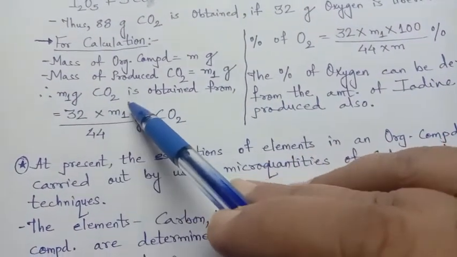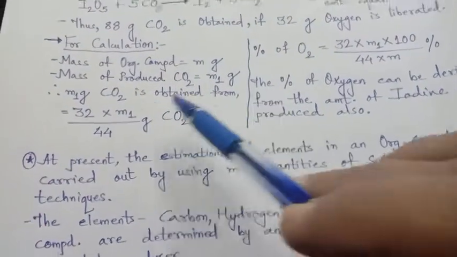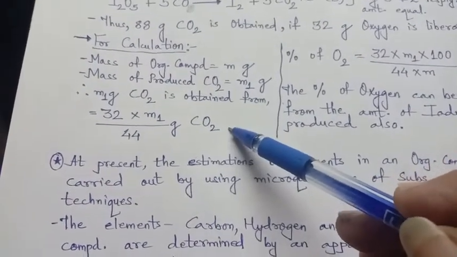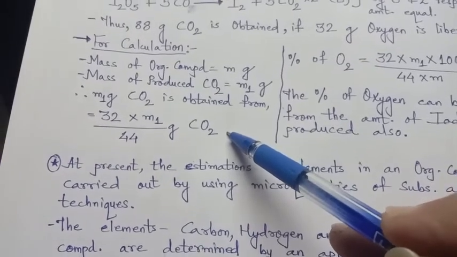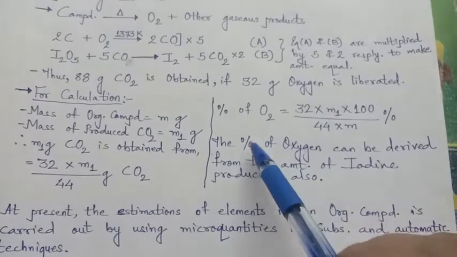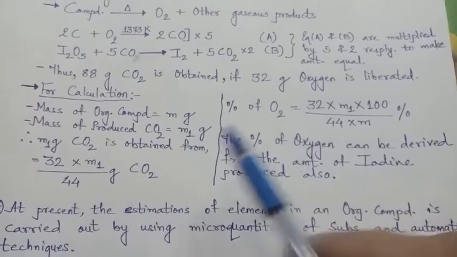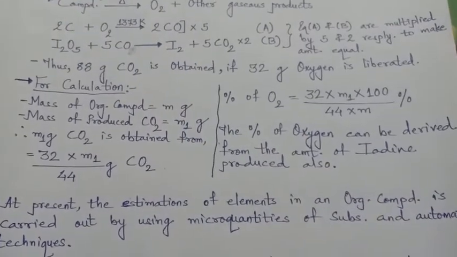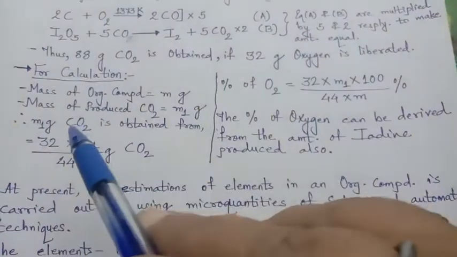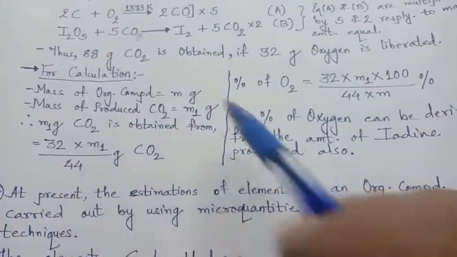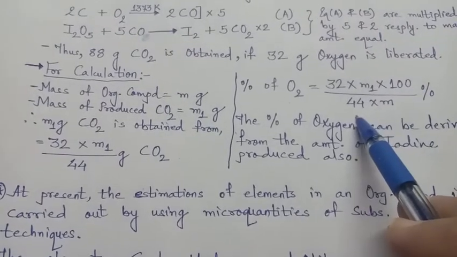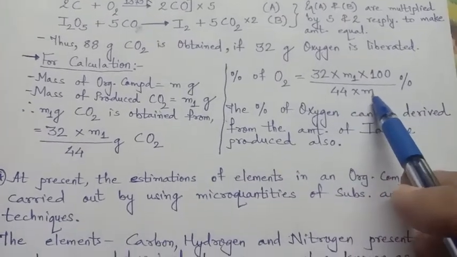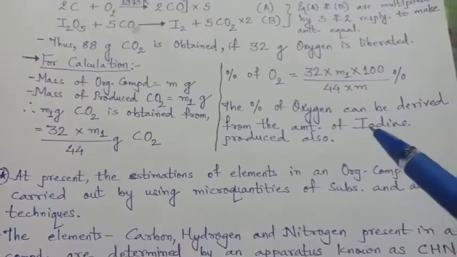So m1 gram carbon dioxide is obtained from 32 into m1 gram upon 44 gram of carbon dioxide, and from that the percentage of oxygen is equal to 32 into m1, where m1 is the mass of produced CO2, into 100 upon the molecular mass of carbon dioxide, that is 44, into m, that is whatever the compound we have taken.